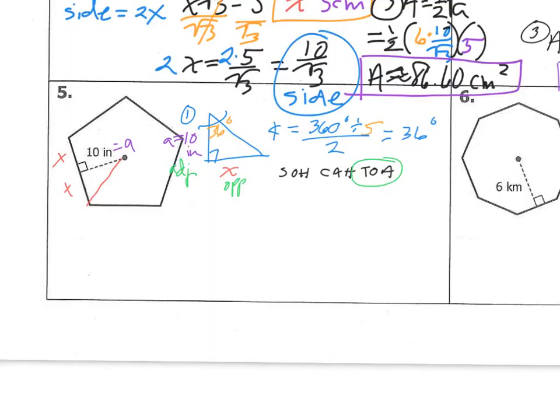So then step 2, we're now into step 2. We are choosing tangent. We know my degree is 36, and tangent of 36 equals opposite over adjacent. That tells you how to set up your ratio.